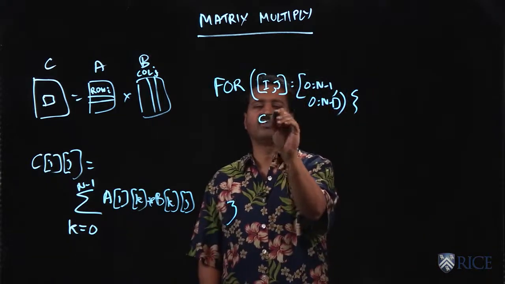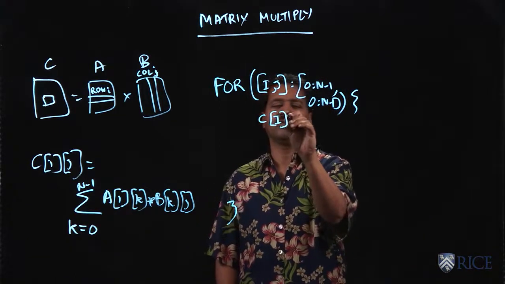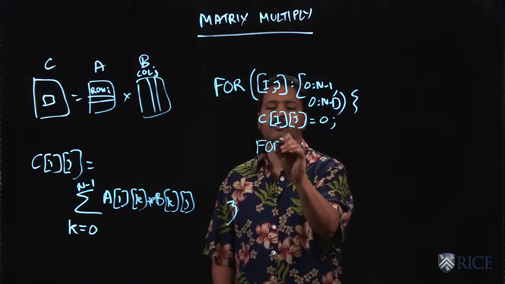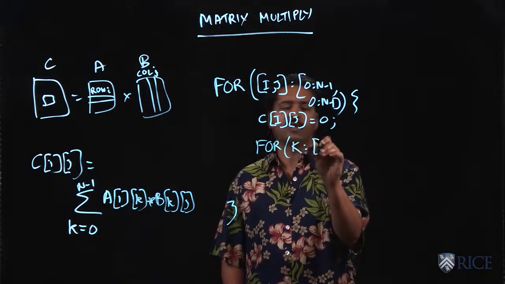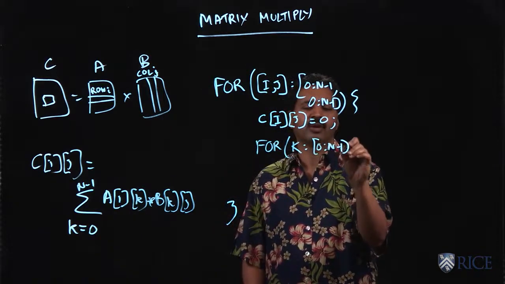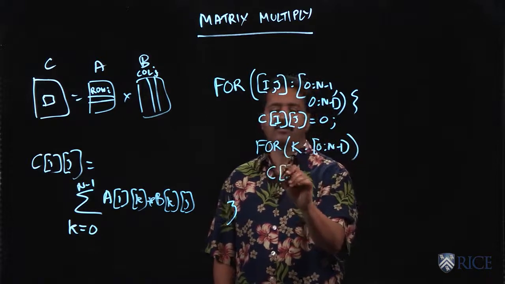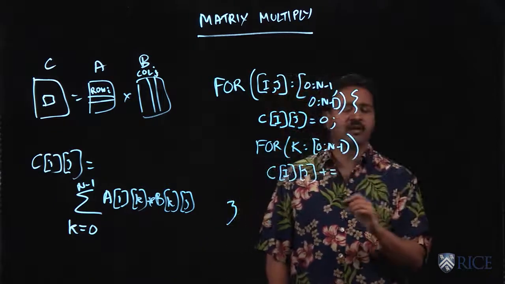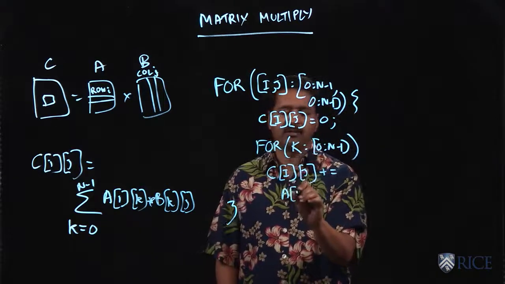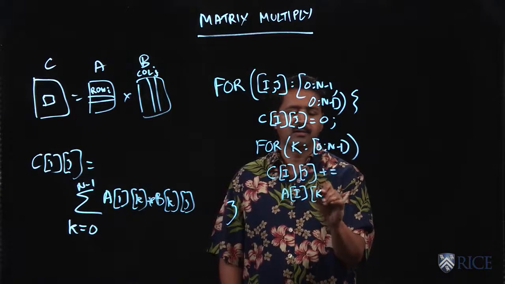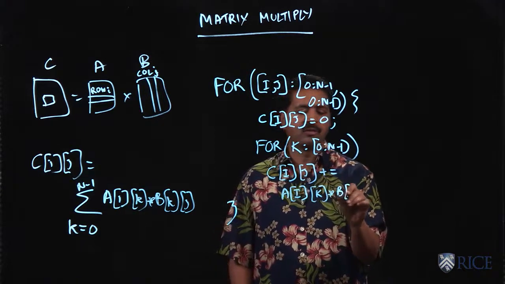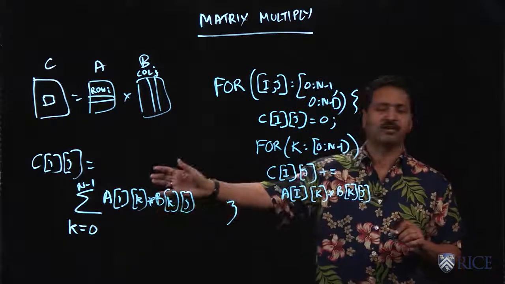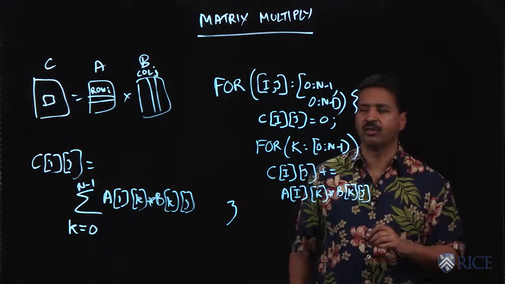So, we could assign C[i][j] to 0 and then add a new loop k that iterates from 0 to n minus 1 as well, and accumulates the inner product by doing a[i][k] times b[k][j]. So, this is pretty much a direct translation of the math formula into sequential code.